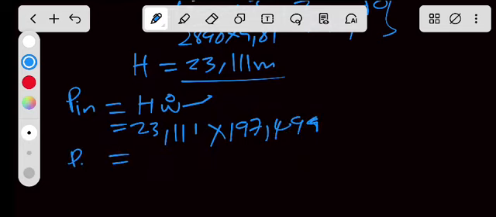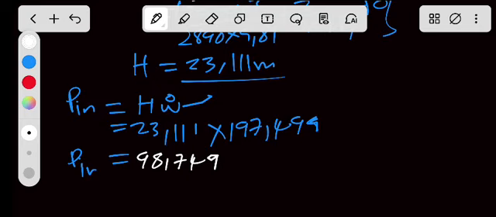Punching this, P in there will be equal to what? It will be equal to 98.749.